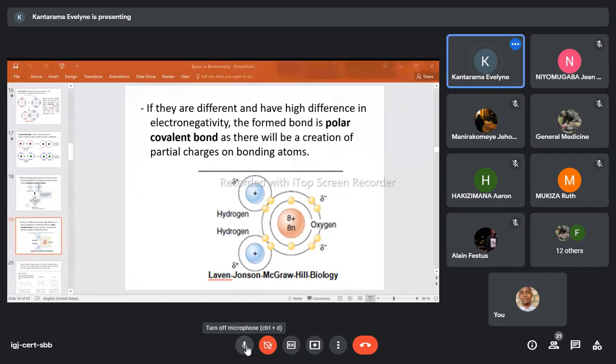Yes, okay. I was saying that we need to differentiate a bond between atoms and a bond between molecules. Remember, 2 or more atoms put together to form a molecule. But a molecule is not isolated.